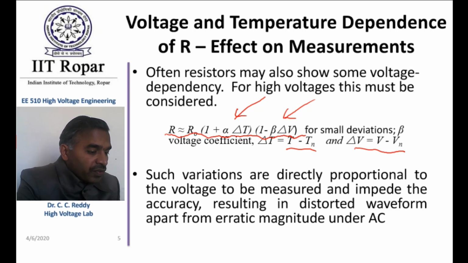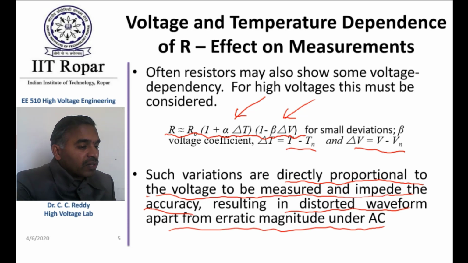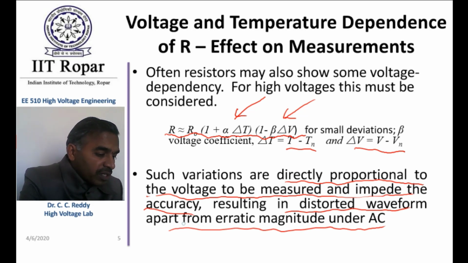Unfortunately, these variations are directly proportional to the voltage to be measured and impede the accuracy, resulting in a distorted waveform, apart from erratic magnitude under DC. The reason is that with voltage the resistance value decreases.